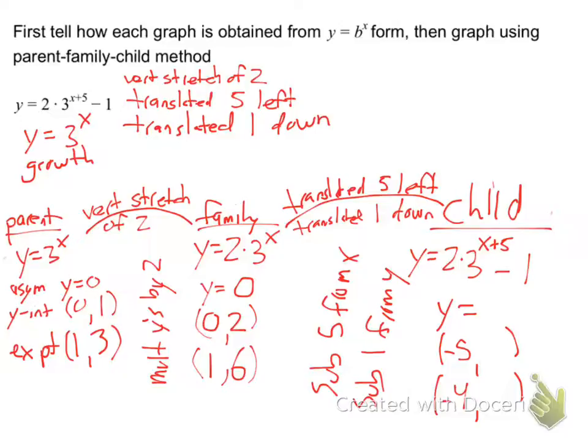So now, we did have a 0. We had a y value here. So it's not y equals 0, it's y equals negative 1. It's not 2, it's 1. It's not 6, we subtract 1, it's 5.